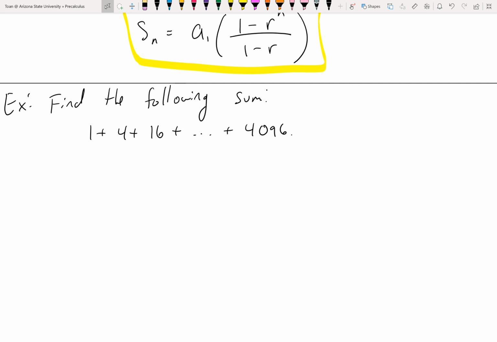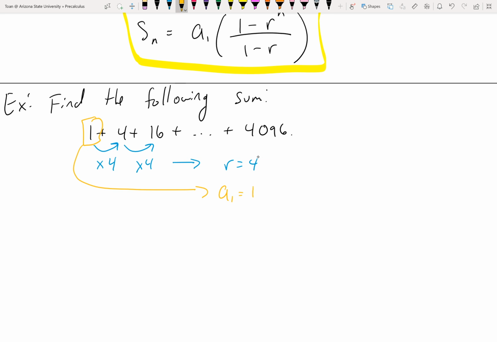If it doesn't tell you geometric, if it doesn't tell you arithmetic, you have to verify it. But for this particular problem, I hope it's quite obvious that the pattern is geometric because it's times 4 every single time. So here's a times 4, here's a times 4. So I know that my common ratio is 4, and my first term is 1.